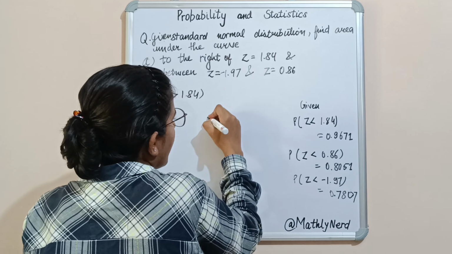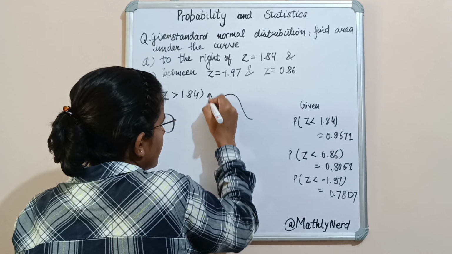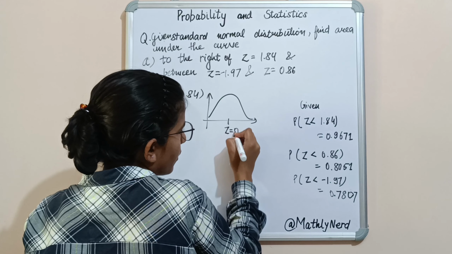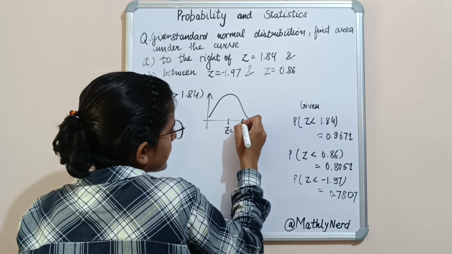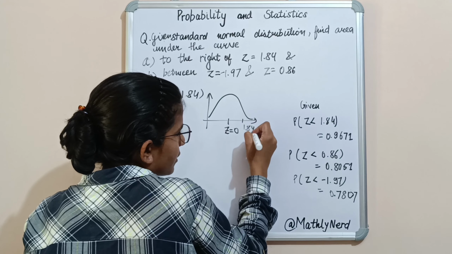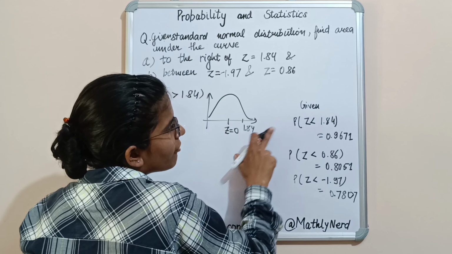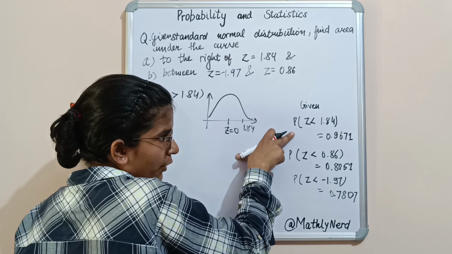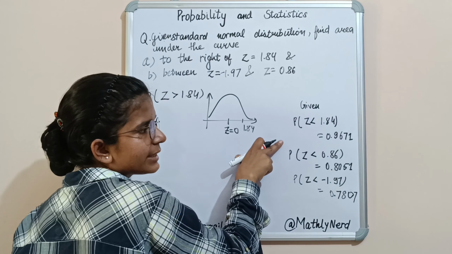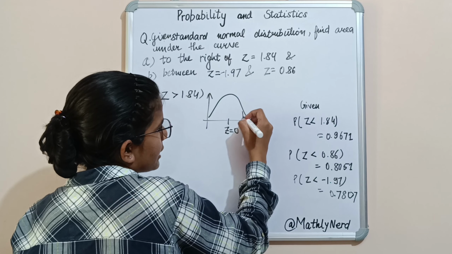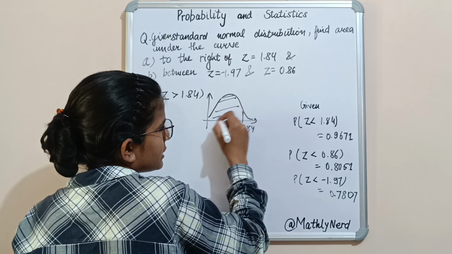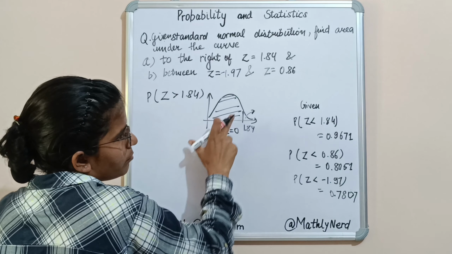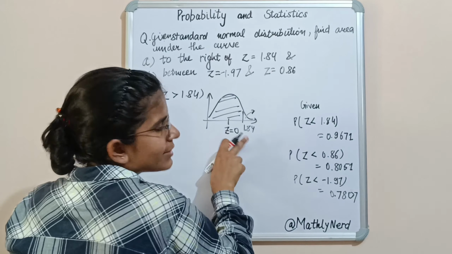First of all, let's say this is Z equal to 0, our mean value, and here somewhere is 1.84. Now we are given the area for Z less than 1.84, that is 0.9671. We have to find this area. We know the sum of these two areas equals 1.